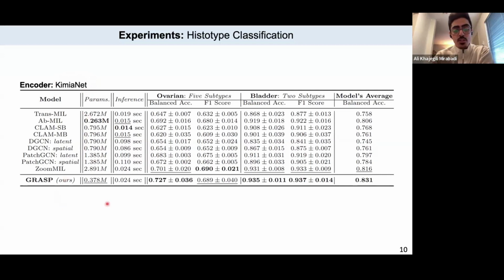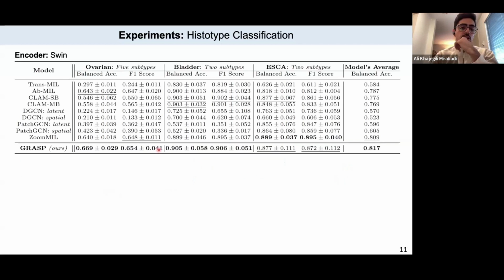Also, this experiment wasn't only a cross-fold validation. It was a 3-fold cross-validation plus 10 repetitions with different random seeds. We wanted to make sure that the results we get are statistically reliable and the model is stable in terms of training with different seeds. So at the end, with the model being smaller compared to other models, just slightly bigger than attention MIL, it outperformed on ovarian and bladder on average.